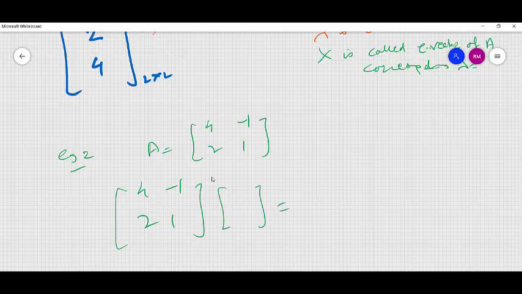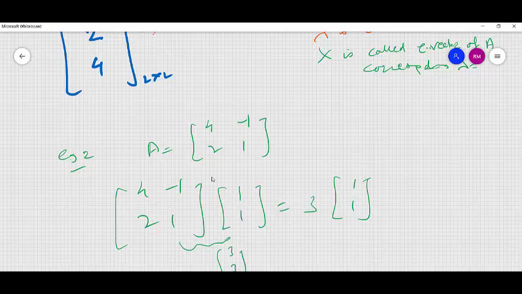If you take, say, the vector [1 1], you can check the product: 4 minus 1 is 3, 2 plus 1 is 3, so that is equal to 3 into [1 1].